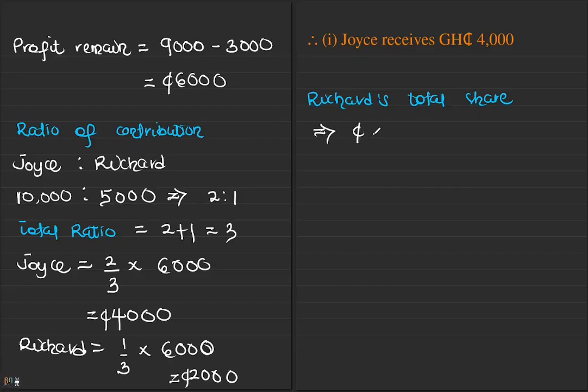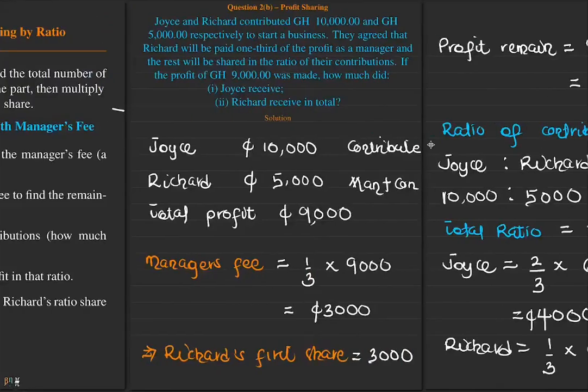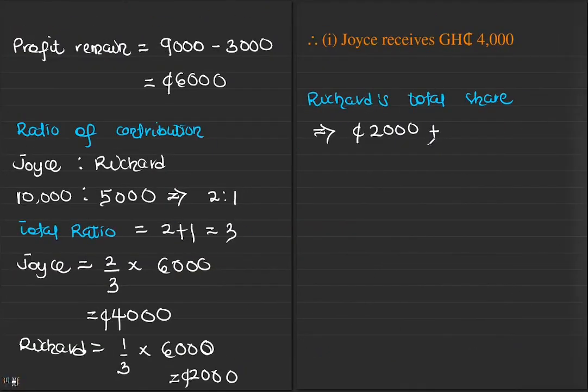And that is going to be the 2,000. That is what he received as a contributor, plus what he received as a manager, which was 3,000. And adding that gives us 5,000.